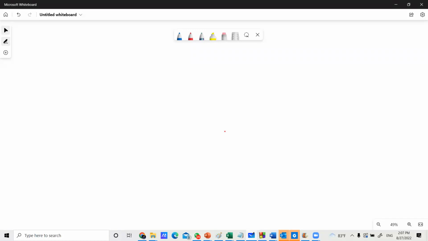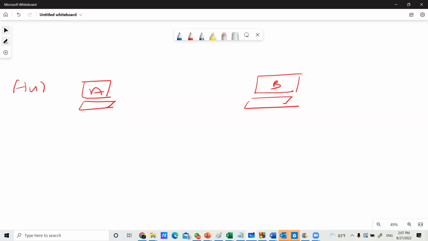Bit by bit travel means, suppose two computers are in the network located some distance apart. This is computer A, and suppose this one is B. If you want to send the data from A to B using a hub, then it travels bit by bit.